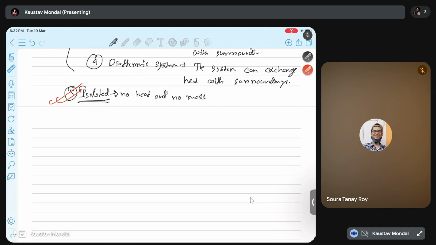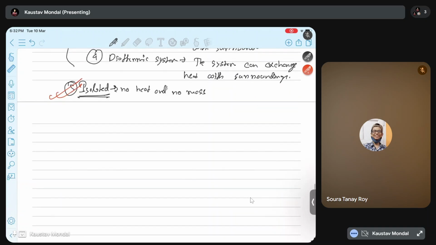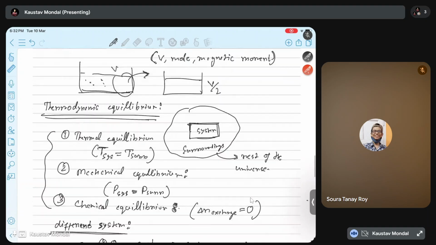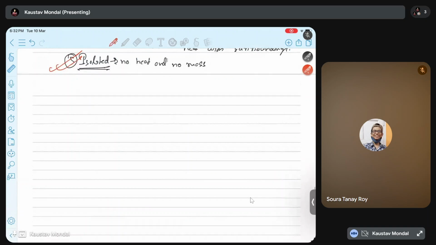And also there are two other processes. These names are also very important in problems.